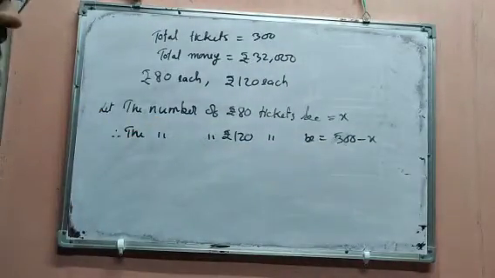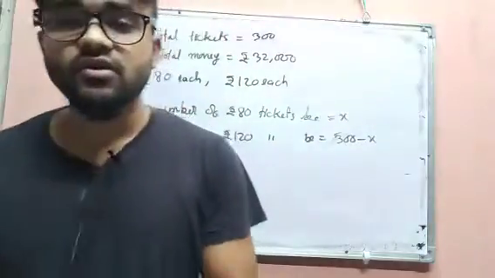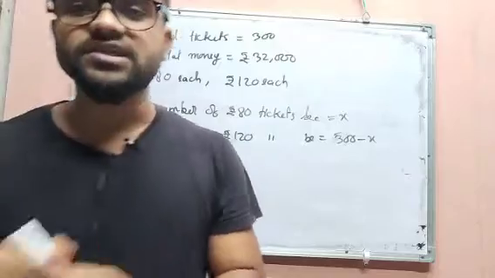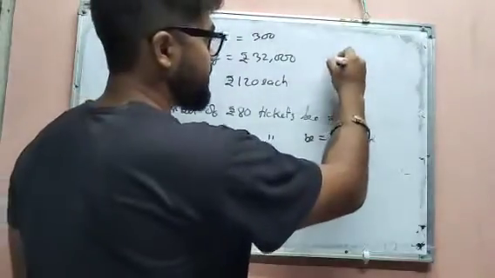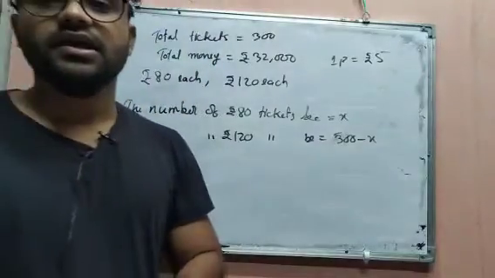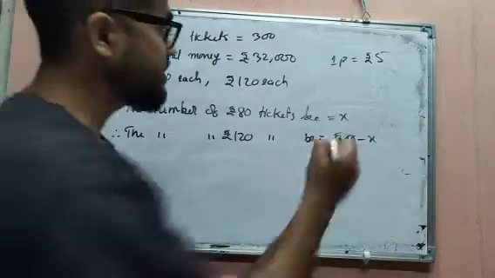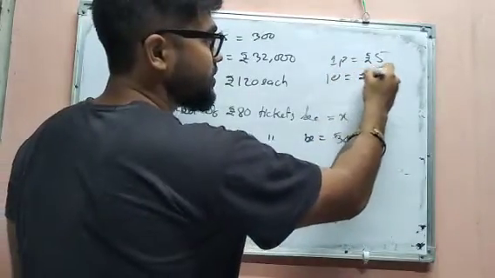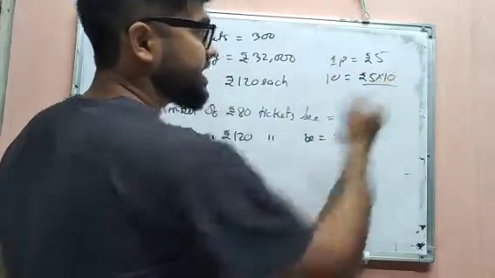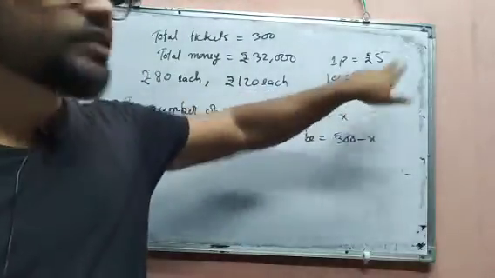Now, let me tell you one thing. Suppose one packet of biscuit costs rupees 5. Now you have 10 packets of biscuit. So 10 packets will cost what? Rupees 5 into 10. That means we have to multiply the quantity with the rate.